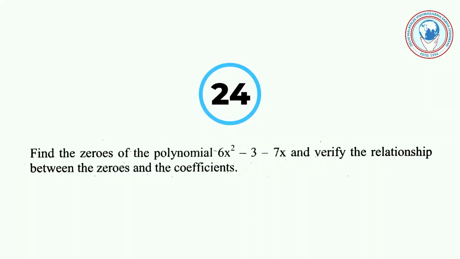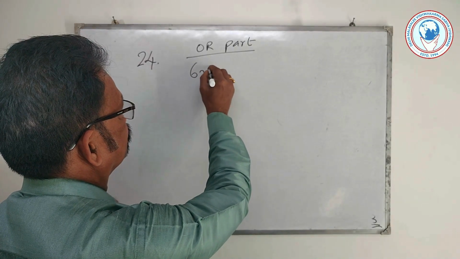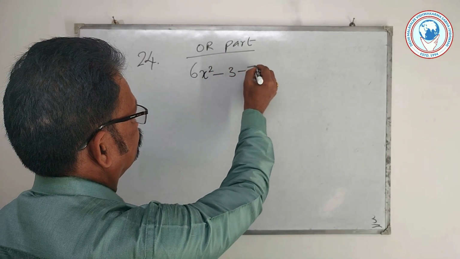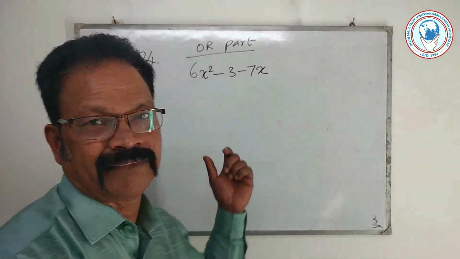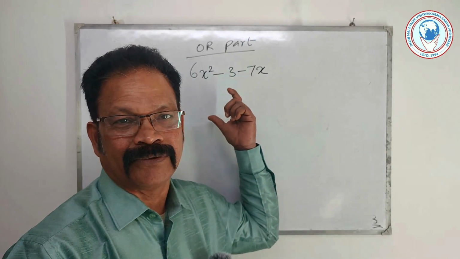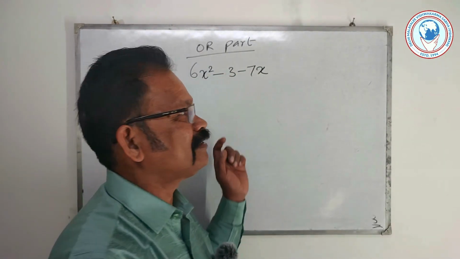Now, the other part of the same question. Find the zeros of the polynomial 6x square minus 3 minus 7x and verify the relationship between zeros and its coefficients. This is the given polynomial. So we write in the standard form.